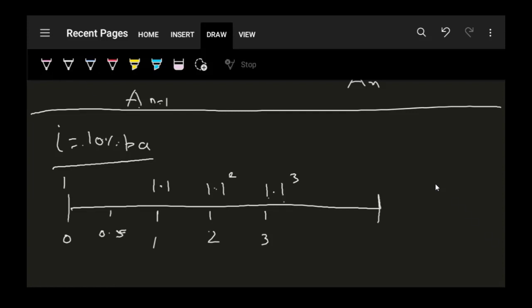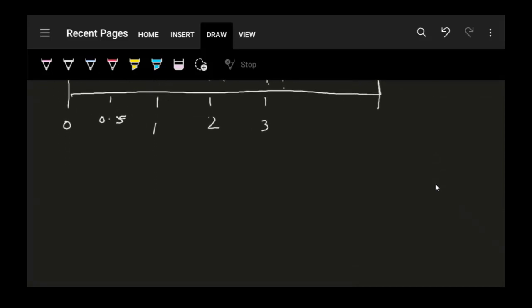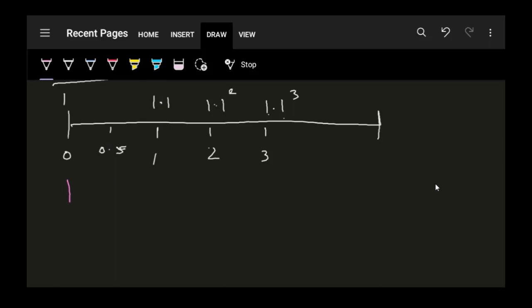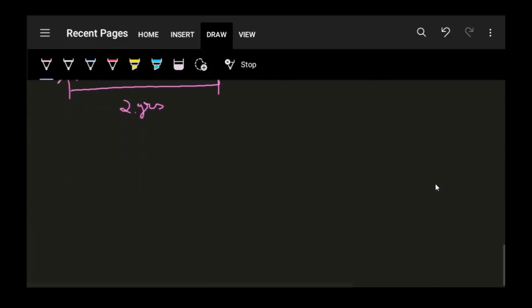Suppose I want to calculate the effective rate for 2 years. What I will do: I know that the accumulation factor is this, which is equal to 1.21.